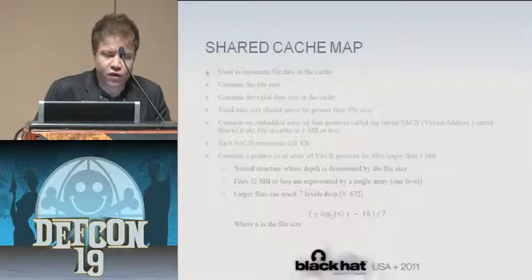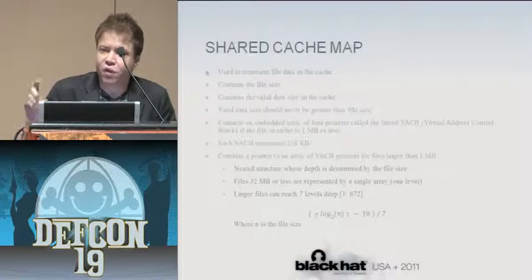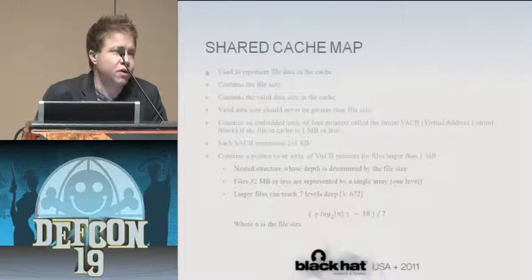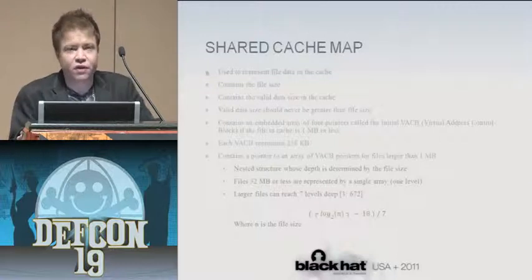So if the file is 1 megabyte or less, then Microsoft decided to put in some performance improvements by embedding an array of 4 VACBs right into the shared cache map itself. So no reason to chase anything. They've just embedded it right there, which works really nice for them because often the things in the cache are less than a meg.